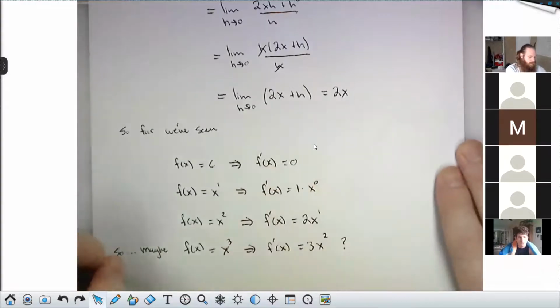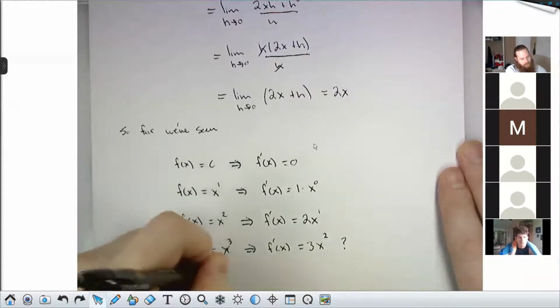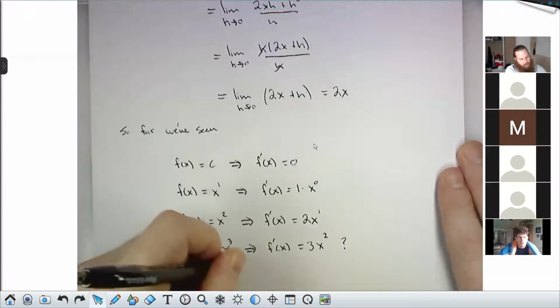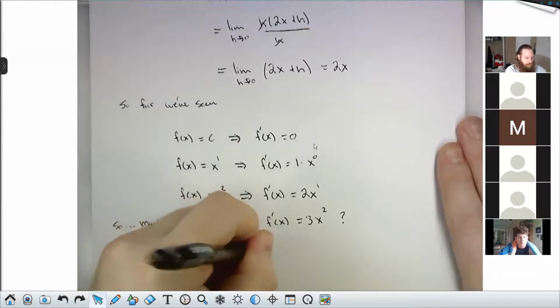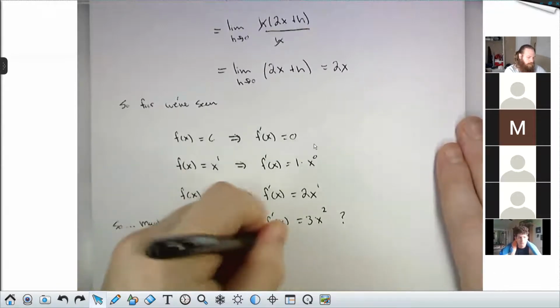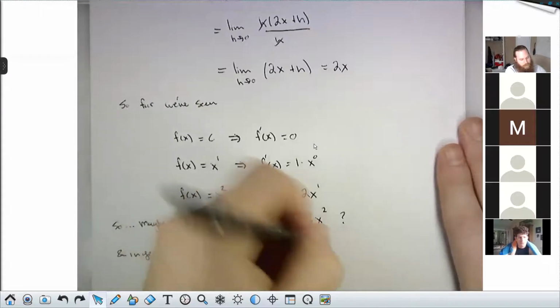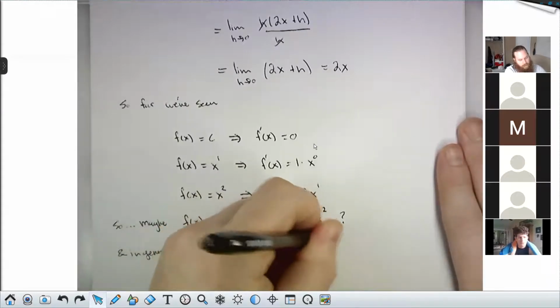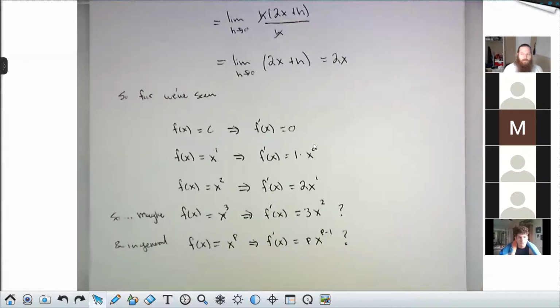And in general, maybe if f of x is x to the p, where p is some power, then f prime of x would follow from this same pattern. Maybe this would be that power times x to that power minus 1. This is called the power rule, and it is true. And I'm going to prove it to you.